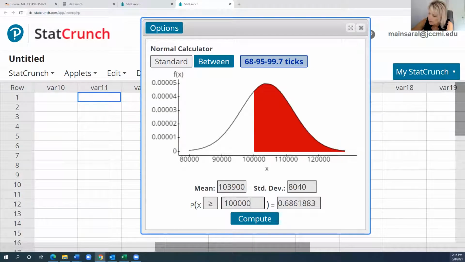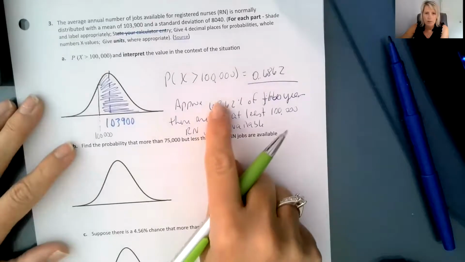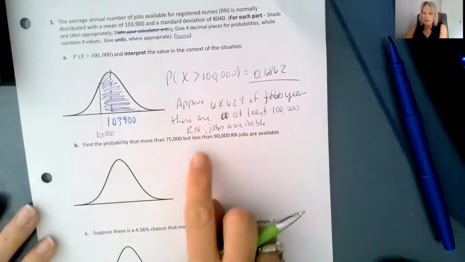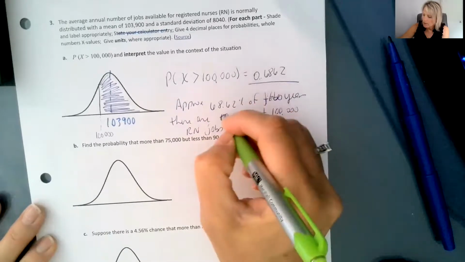That's what we want to say, of the year. There are at least 100,000 RN jobs available. That's a lot of jobs in that category. So about approximately 68.6% of the time, there are at least 100,000 RN jobs available.